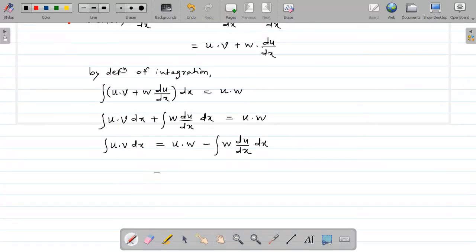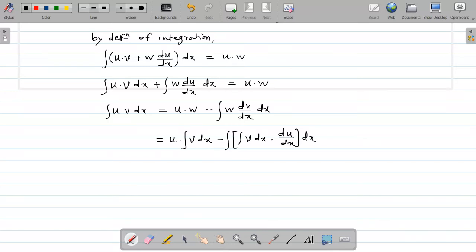Now as per the previous step, this can be written as u as it is. In place of w you can put the integration of v dx, because we have considered the integration of v dx as w. Minus, now this is an integration, keep it in square bracket. In place of w again you can write the integration of v dx into du by dx as it is with respect to x. Now check the step here, you will get the required result, that is the integration by parts rule.